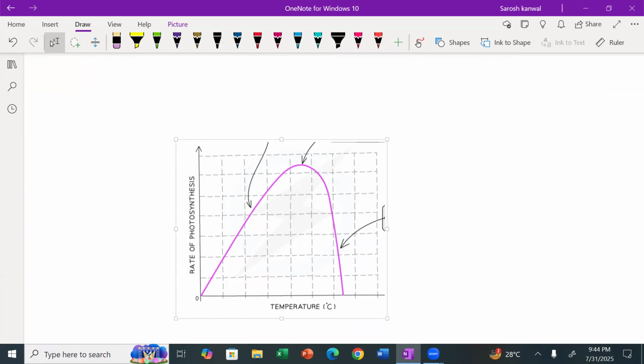So see here, on the y-axis we have the rate of photosynthesis, while on the x-axis we have the temperature, right? So this is how the temperature and photosynthesis graph looks.